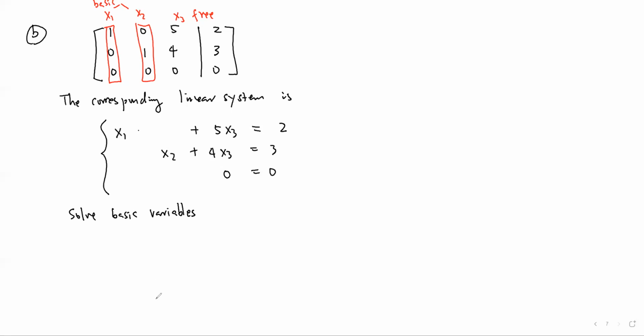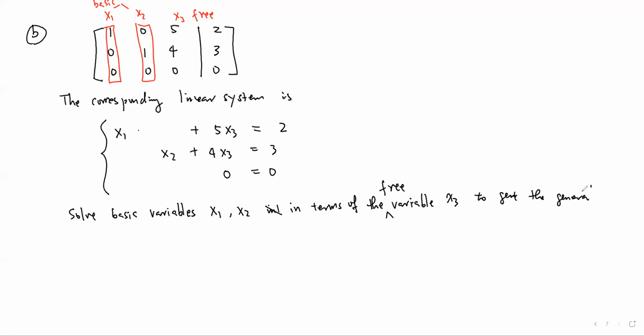So solve the basic variables x1, x2 in terms of only one free variable, x3, to get the general solution. General solution means all the solutions of the linear system.